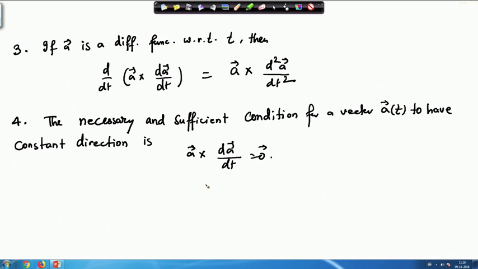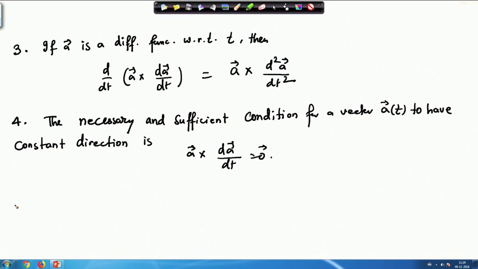So, this is also a nice property for a vector to have a constant direction. That was for the constant length, this one is for the constant direction, and this is very obvious to prove. You just have to use some derivative result for A cross A, and from there you can obtain this. So, it is really not complicated.